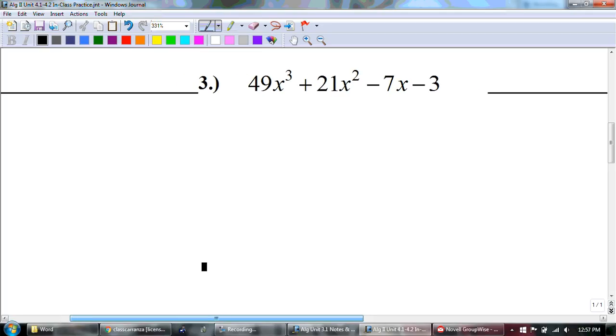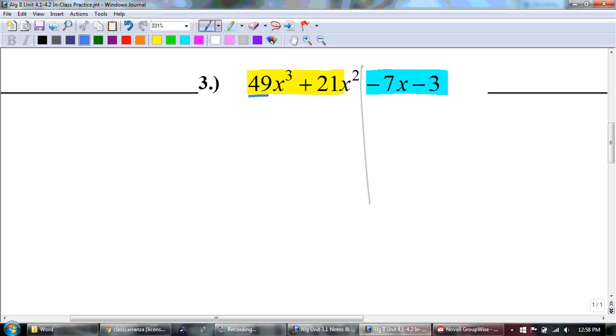Okay, number 3. We need to check, can I take a GCF out of everything? And no, I can't. So we're going to split these up into the front and the back.